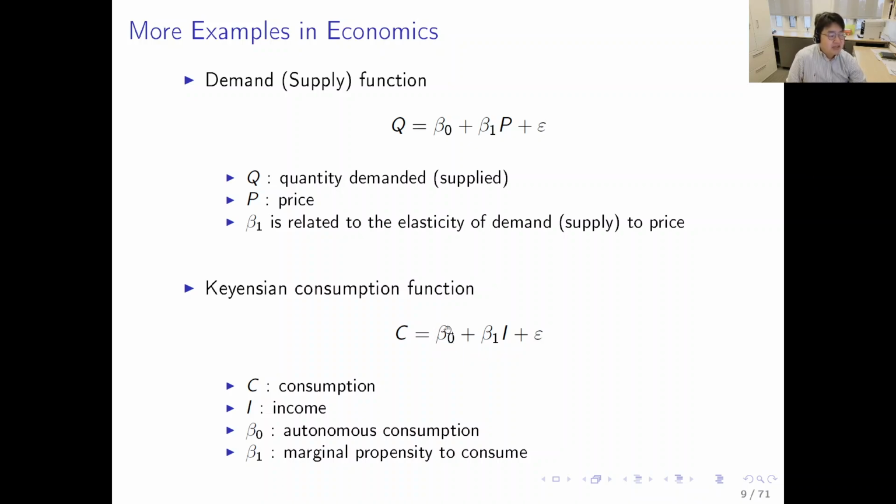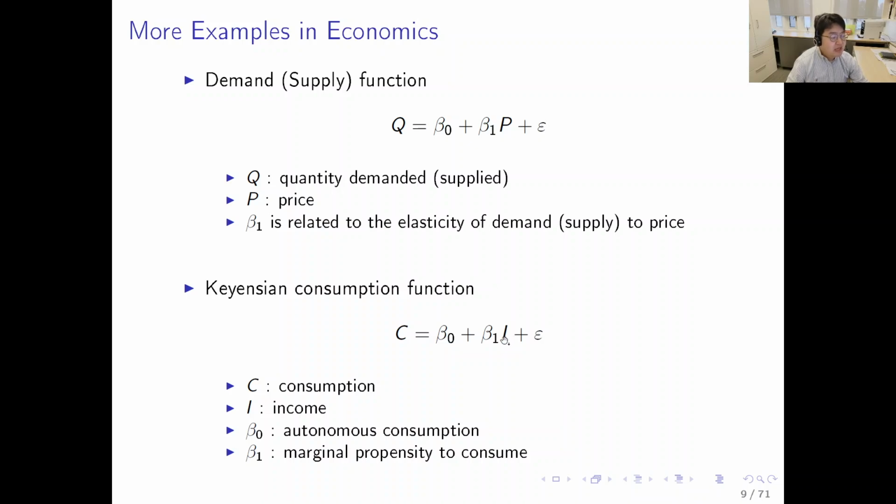So first, there is beta 0. Even if your income is 0, you need to consume the basic things, like you have to pay rent, electricity, water, these bills, utilities must be paid, even if your income is 0. That is what we call autonomous consumption, right? So the must-pay amount is beta 0.